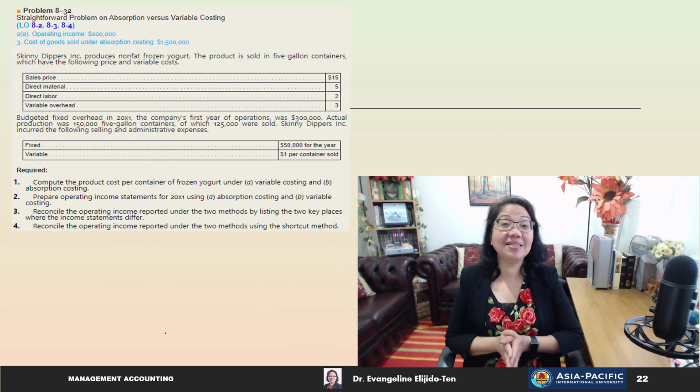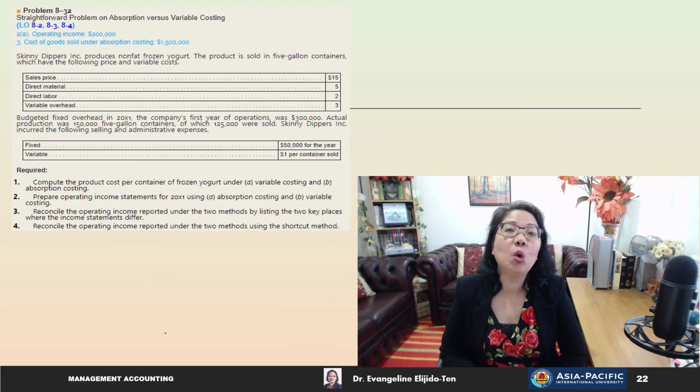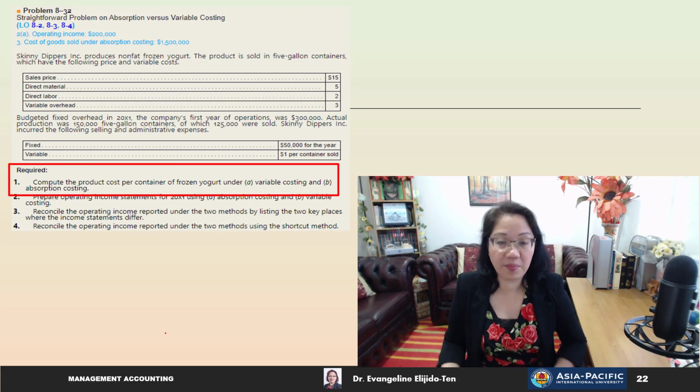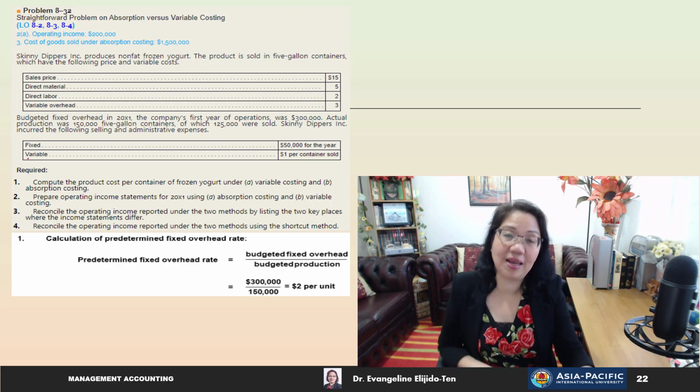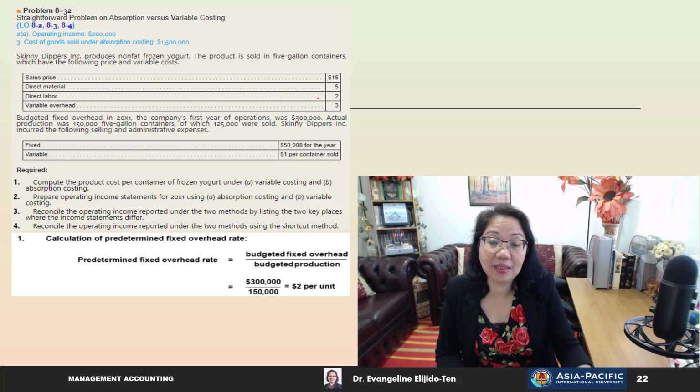All right, as another illustrative example, we will discuss problem 8-32. The first requirement here asks us to compute the product cost per container of frozen yogurt under A, variable costing, and B, absorption costing. Firstly, let us calculate the predetermined fixed overhead rate.